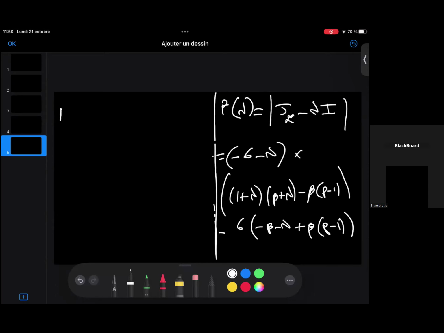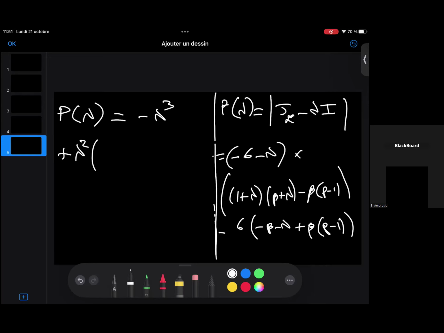So now we are going to write p(lambda). First, it will be minus lambda to the third. Then for lambda squared, what do we have?